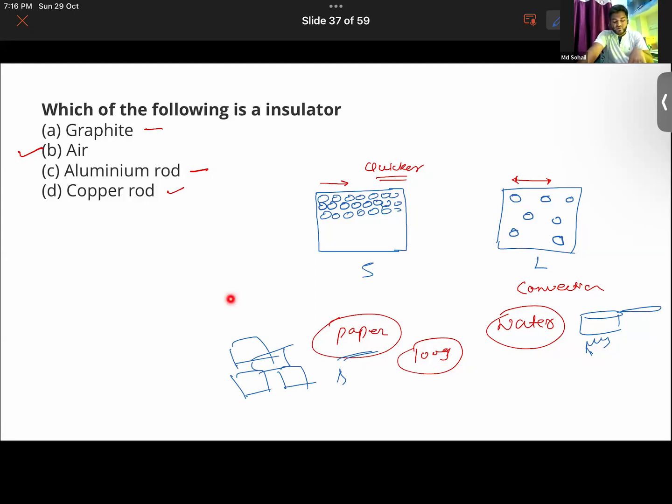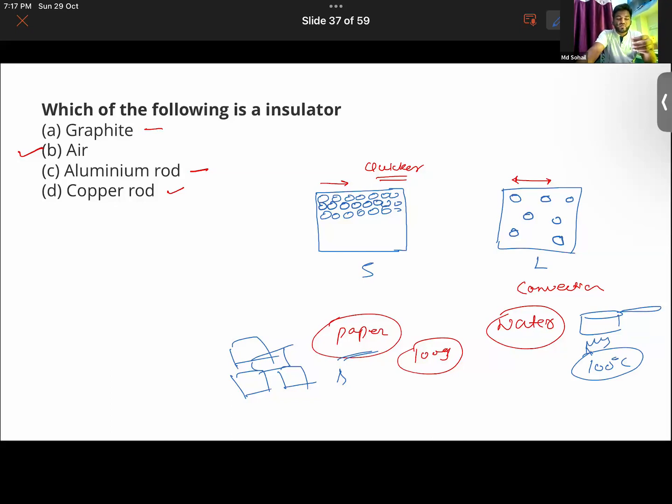Because there is transfer of heat taking place quickly from one end of the paper to the other end. But in the case of water, it needs to be heated up to a certain level so that the molecules actually start to move. It needs to be heated up to 100 degrees Celsius so that each and every part of the fluid attains the same temperature, right?